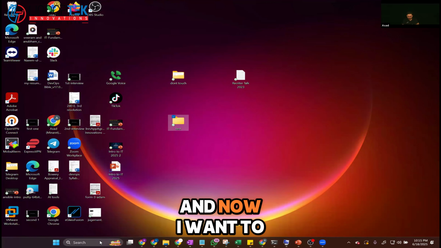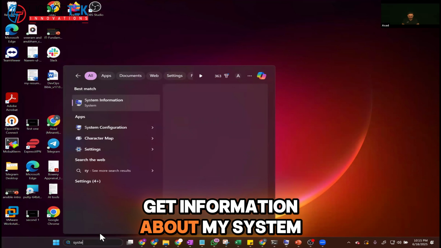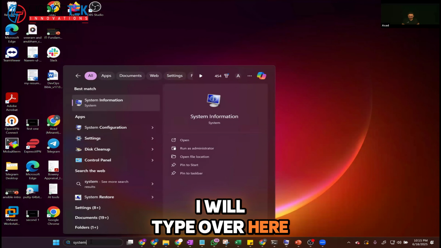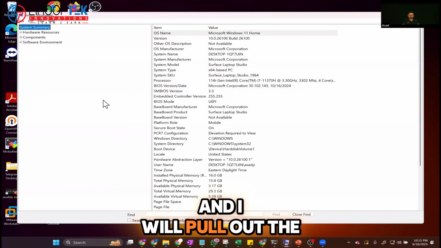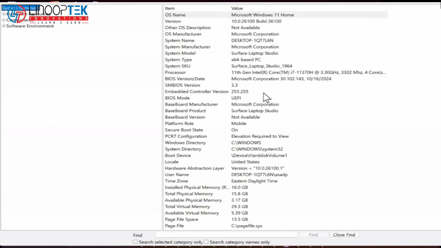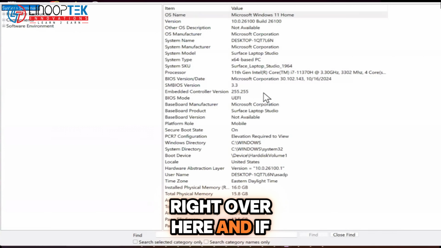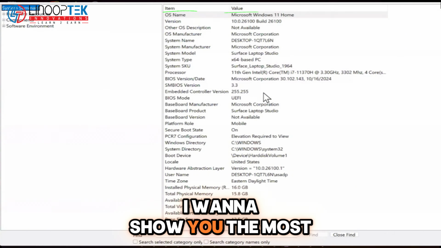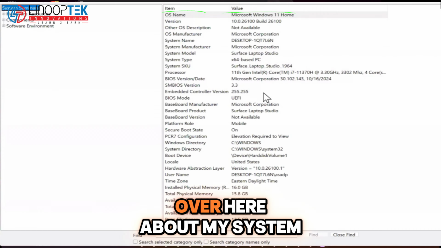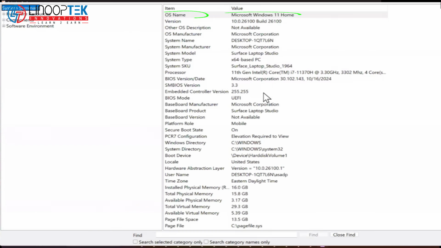And now I want to get information about my system. I will type system information over here, and I will pull out the system information. If I take a snapshot of this, I want to show you the most important information about my system.